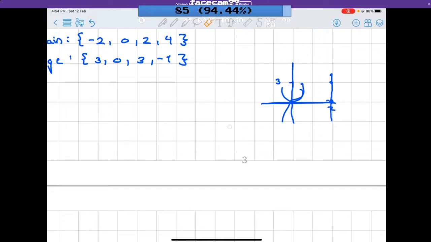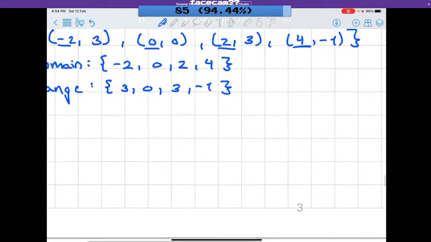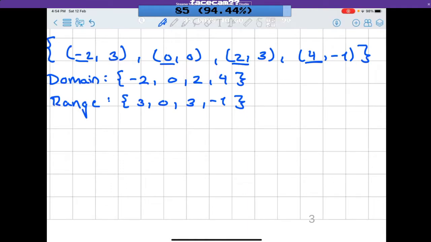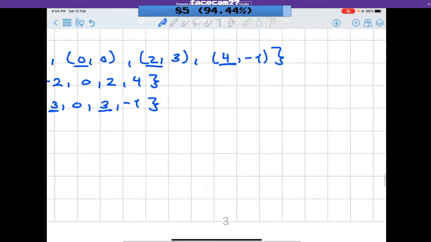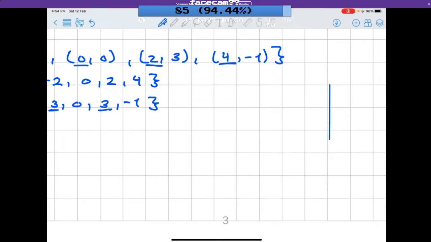However, you can have two y values that are the same. This is something that I saw a lot of people get confused over for the past few years, which is that we have y repeated here, which is 3 and 3. They're repeated, okay? But that doesn't mean it's not a function. It is still a function because x is not repeated. So let's put this graph here, okay? You have 2 and 3 and 4 and 3.